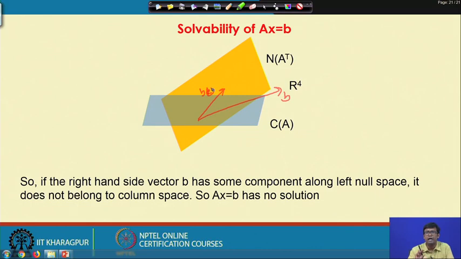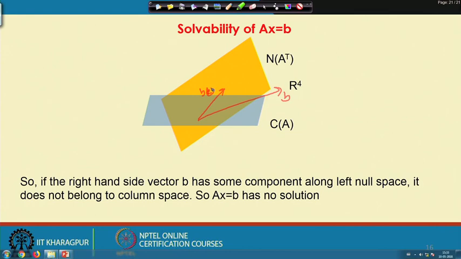So, b has a component which is away from the column space, therefore b is not in the column space. So, Ax = b will have no solution.